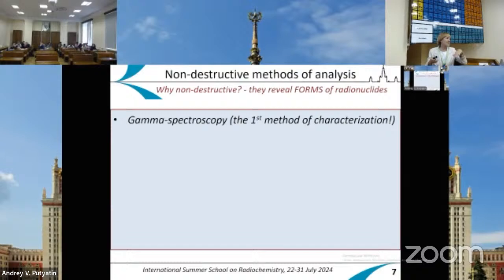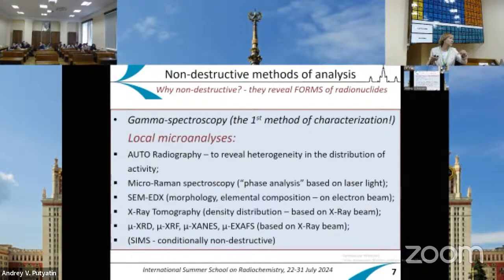But as I understand, you have a talk about gamma spectroscopy, so we will not speak about it. We will speak about local microanalysis, firstly autoradiography analysis, which could reveal heterogeneity in the distribution of activity, or homogeneity if it is so, and micro-Raman spectroscopy.